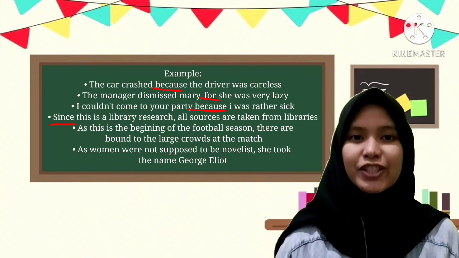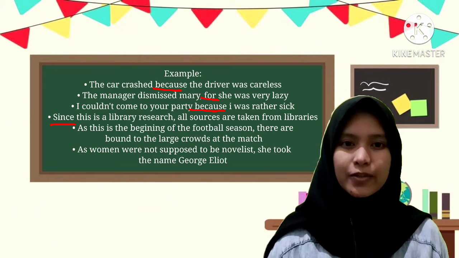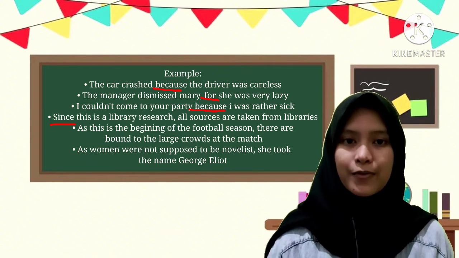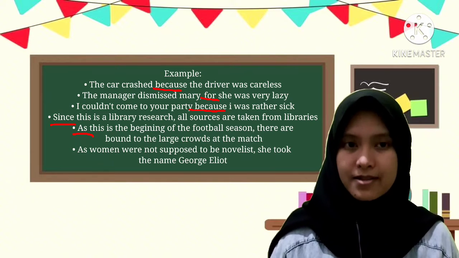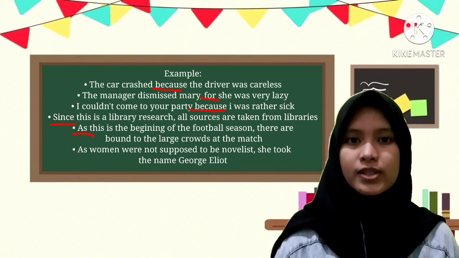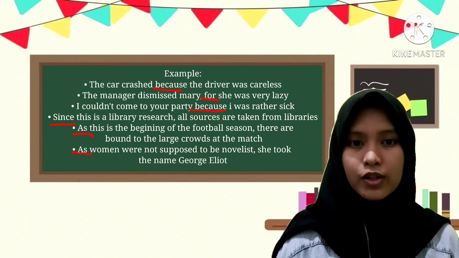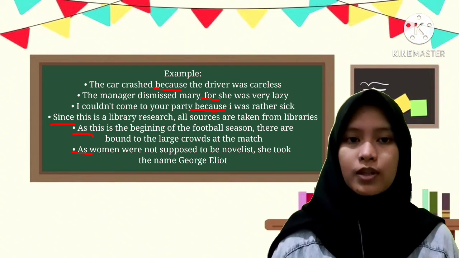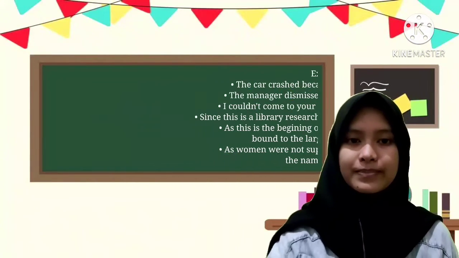Fourth, since this is library research, all sources are taken from libraries. Fifth, as this is the beginning of the football season, there are bound to be large crowds at the match. Sixth, as women were not supposed to be novelists, she took the name George Eliot.